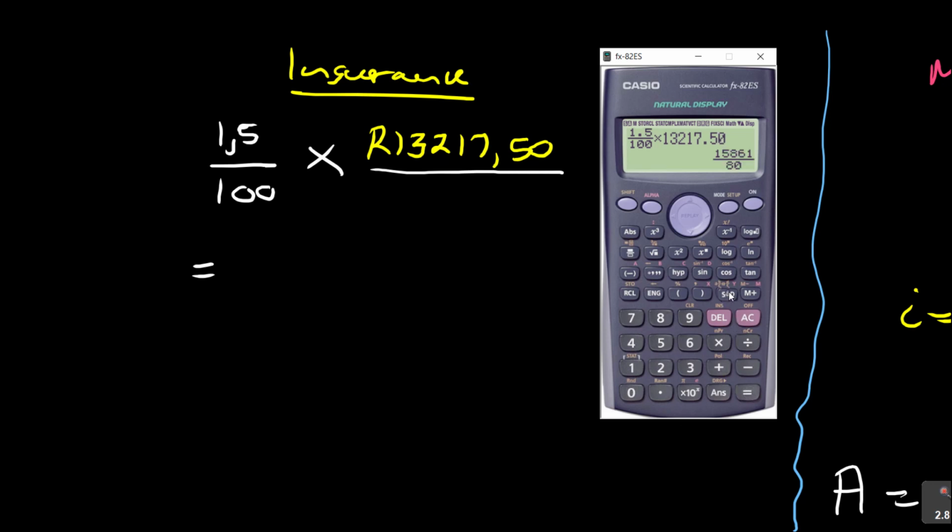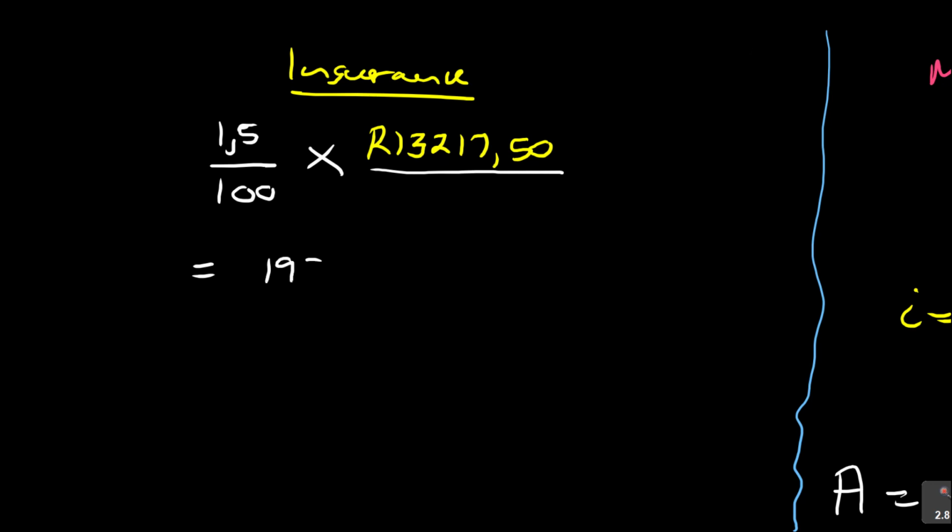Equal to 198.26. So they expected you to pay 198 Rand 26 cents. All right, this is the insurance that they expected. So now what you do, this is for how many months? This is for 54 months.